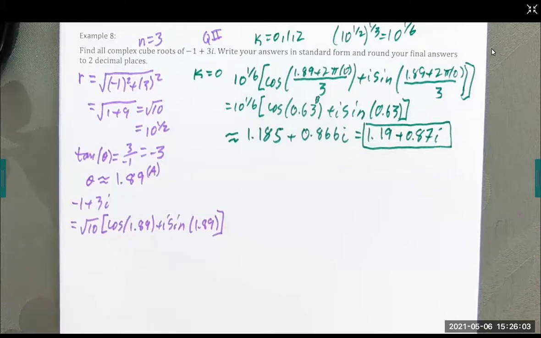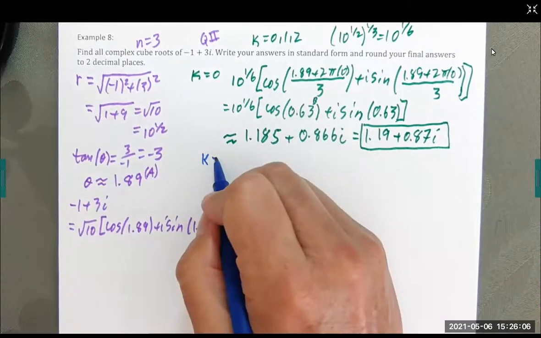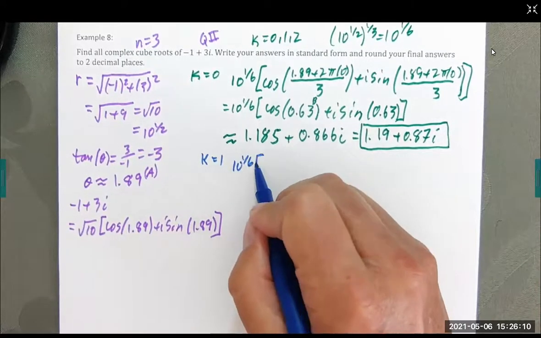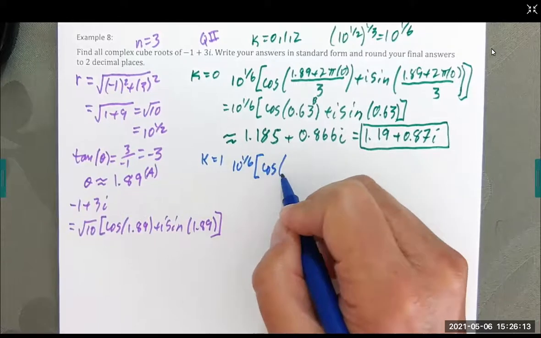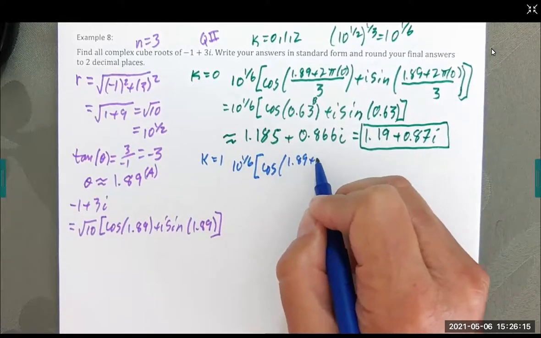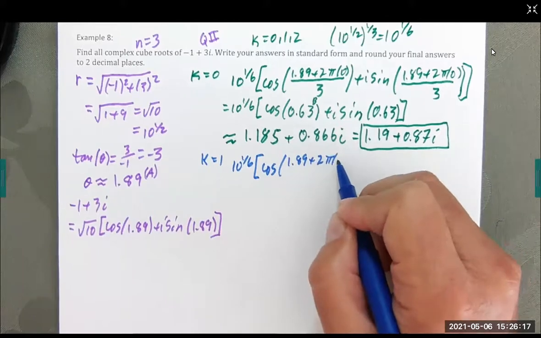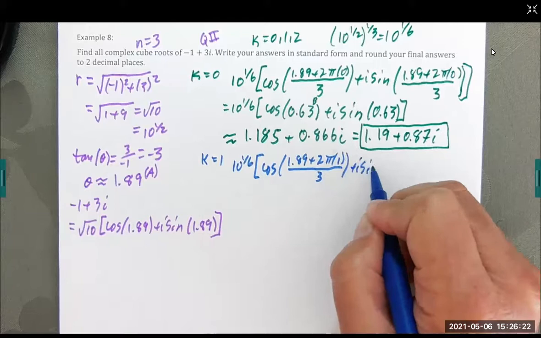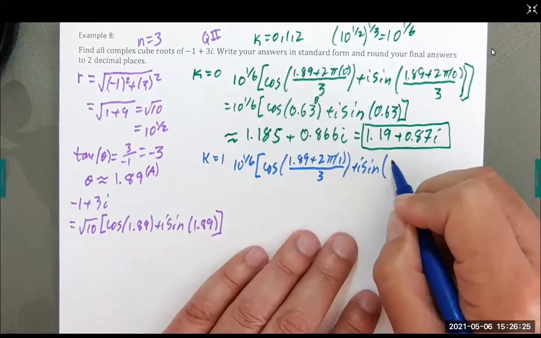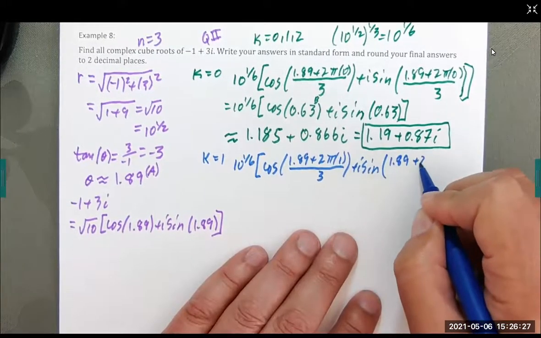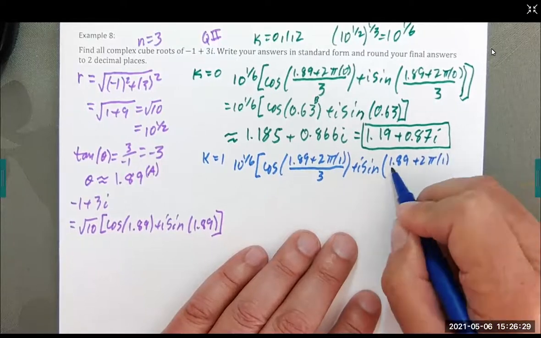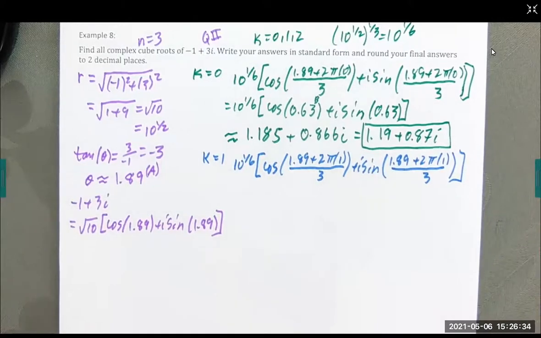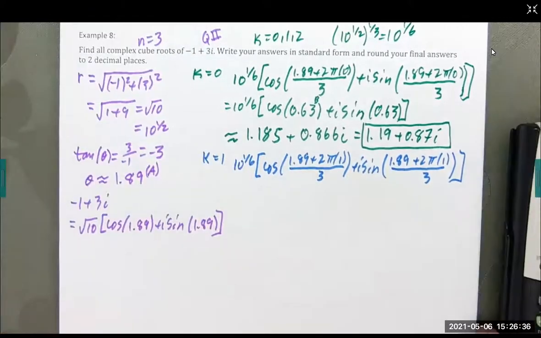Second answer, k equals 1. So we have 10 to the 1/6 cosine 1.89 plus 2 pi times 1 over 3 plus i sine 1.89 plus 2 pi times 1 over 3. So let's see what that's going to be.